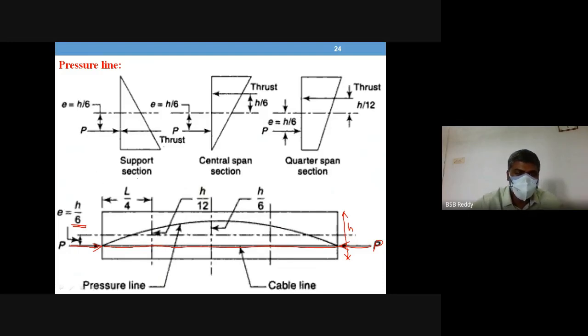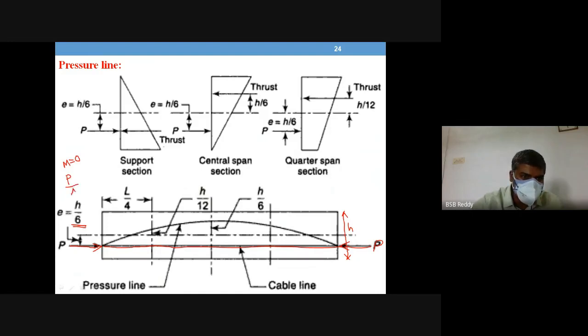Right. So imagine that the section is pre-stressed by a force of P at an eccentricity h by 6. Now let us take the support section. Simply supported beam means bending moment is 0. Now, because of pre-stress, what are the stresses at the end section?